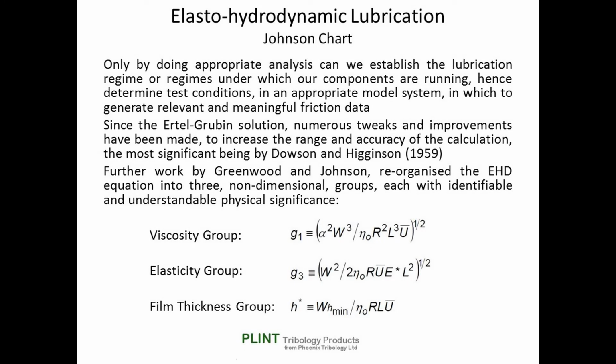Since the Ertl-Grubin solution, numerous tweaks and improvements have been made to increase the range and accuracy of the calculation, the most significant being by Dowson and Higginson. Further work by Greenwood and Johnson reorganized the EHD equations into three non-dimensional groups, each with identifiable and understandable physical significance.